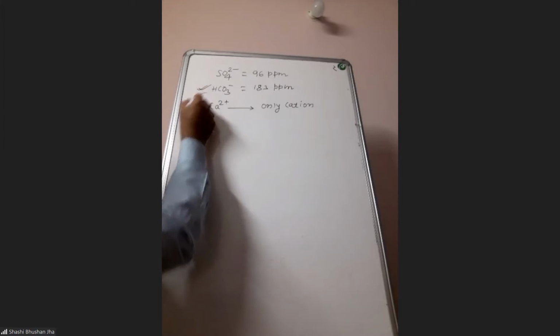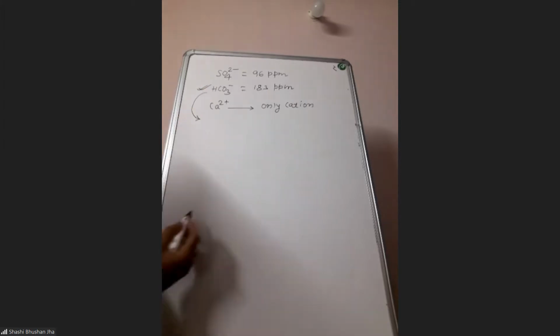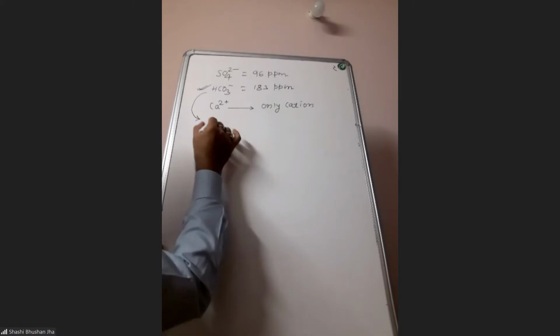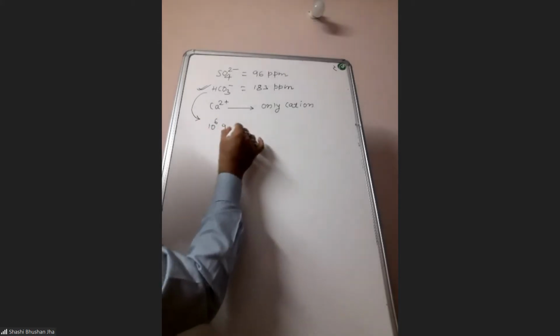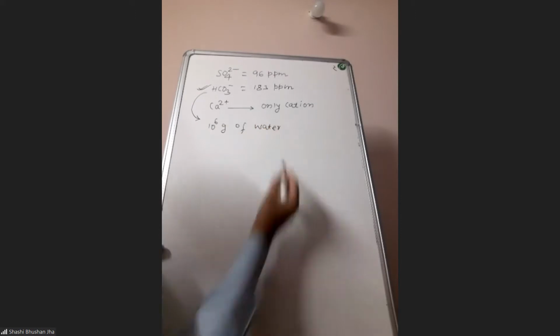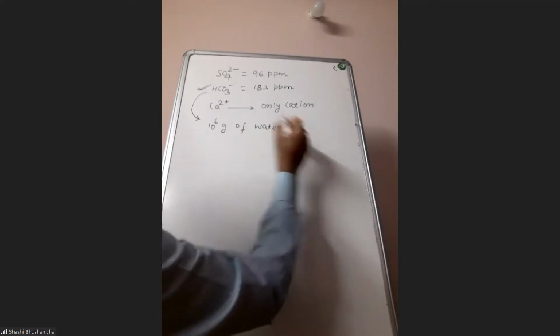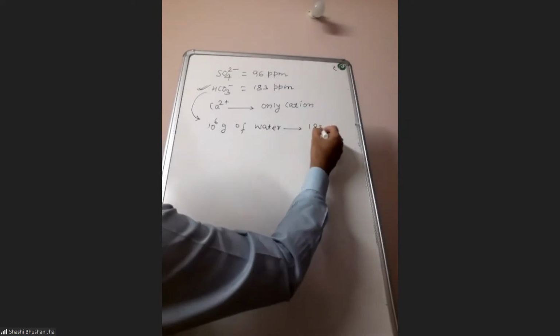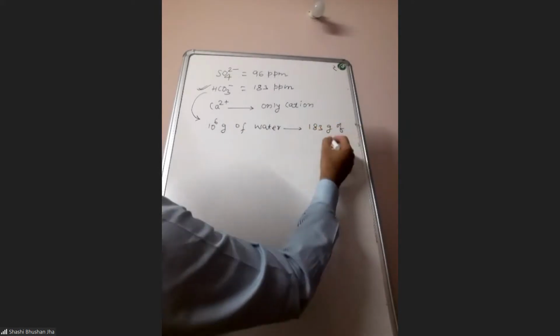Now if bicarbonate concentration is 183 ppm, this simply means 10 to the power 6 gram of hard water contains 183 gram of bicarbonate.